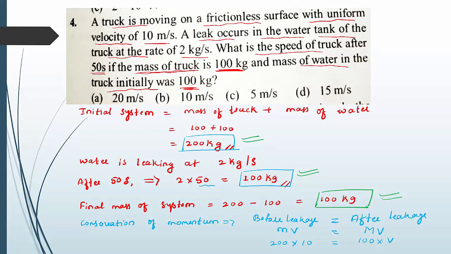Is it clear? So let us take it as V dash. There is no confusion. So then what is the final answer? V dash equals 200 into 10 is 2000 divided by 100. So the answer is 20 meter per second.